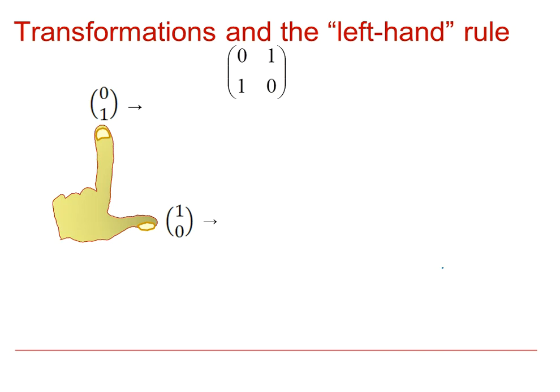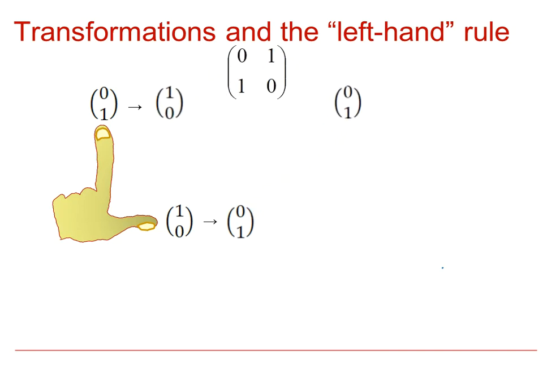Your index finger represents (0, 1), so that's pointing along the y-axis. And the thumb is going to end up moving to the first column of this 2 by 2 matrix, and the index finger will end up pointing towards the second column of the matrix.